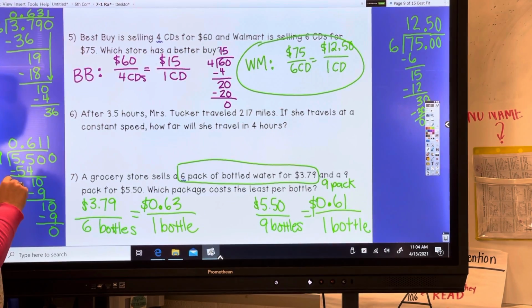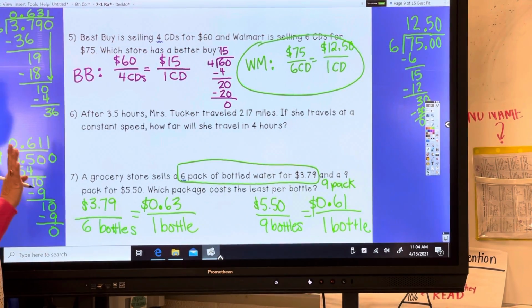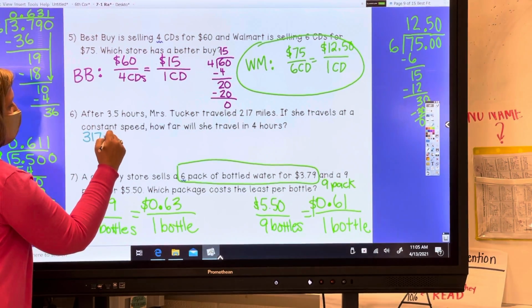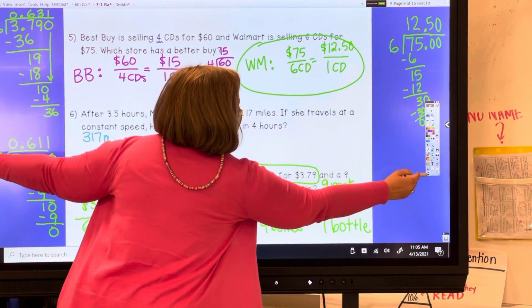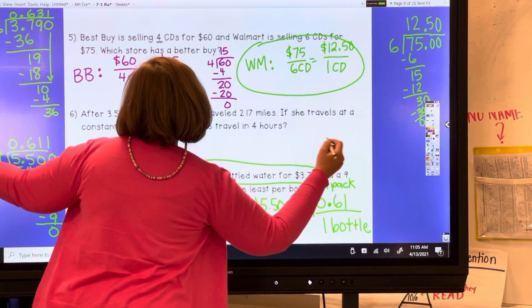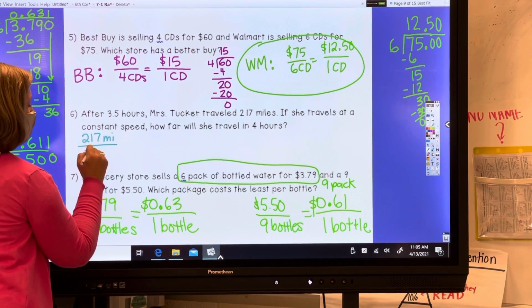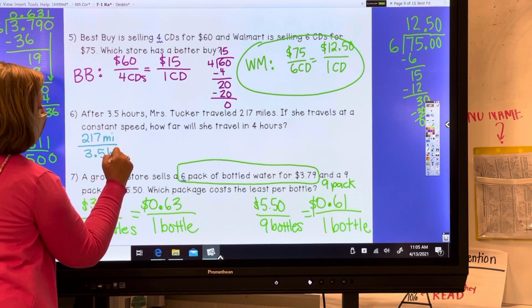Number 6, after 3.5 hours, Miss Tucker traveled 217 miles. If she travels at a constant speed, how far will she travel in 4 hours? So, in order to get from 3.5 to 4, what are we going to have to figure out first? 217 miles in 3.5 hours.